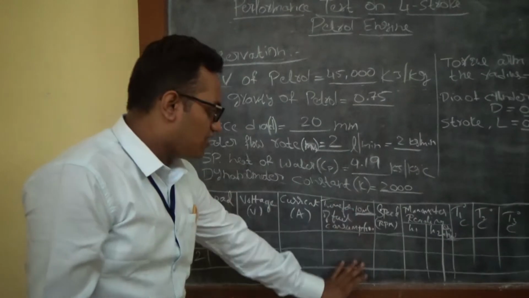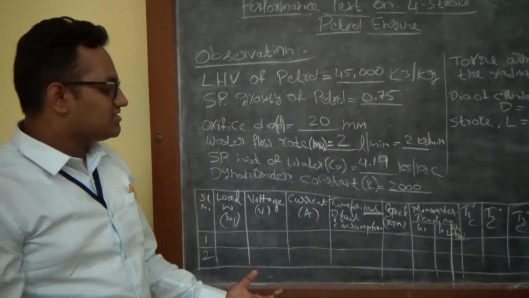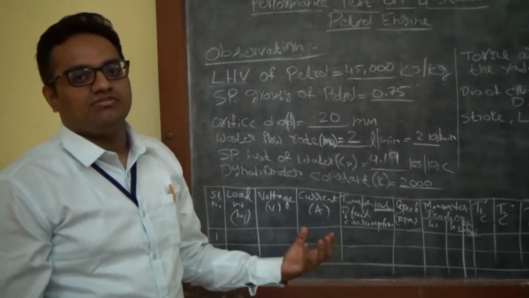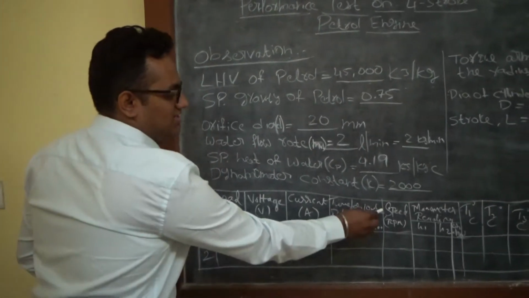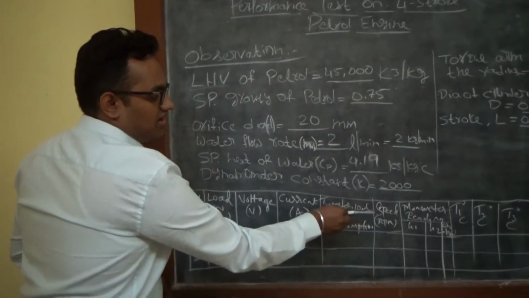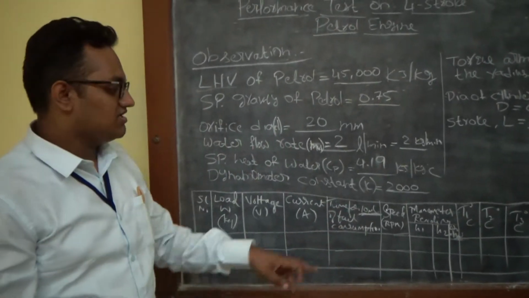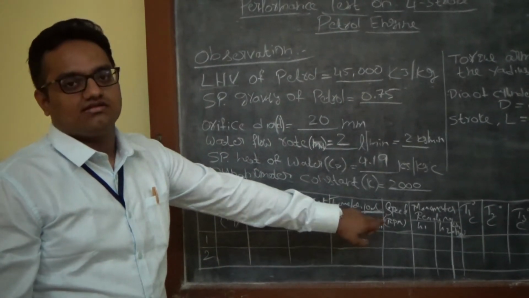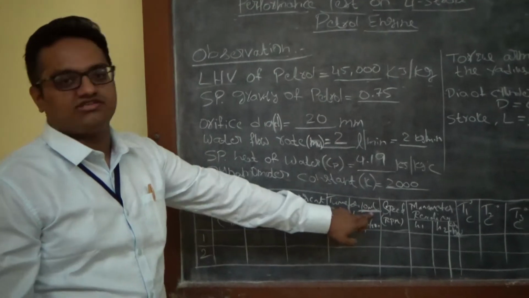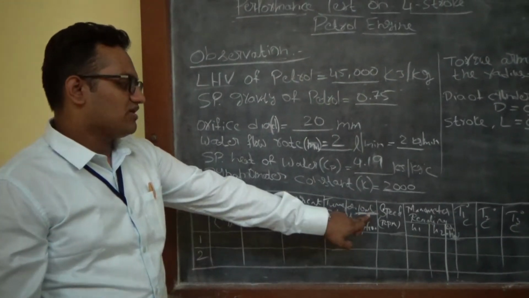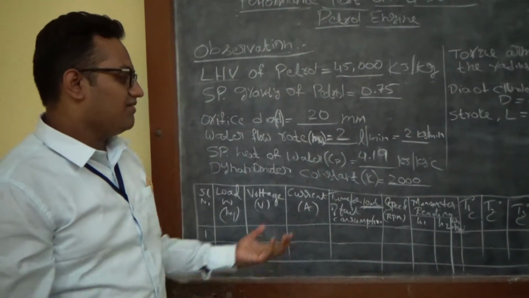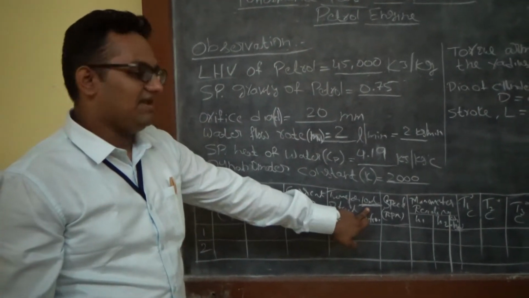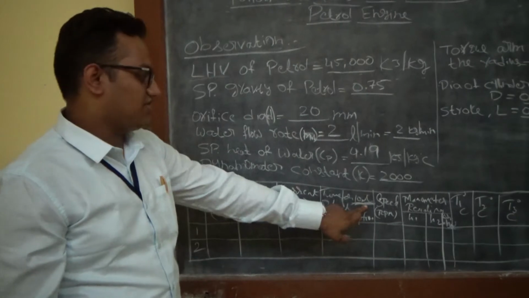As the loading increases, obviously the time taken to consume 10 milliliters will be much lesser. In the calculation we'll take this 10 milliliters. That can be changed anytime. We can also keep it as 20 milliliters or 50 milliliters as constant, but right now 10 milliliters will be the constant for us.